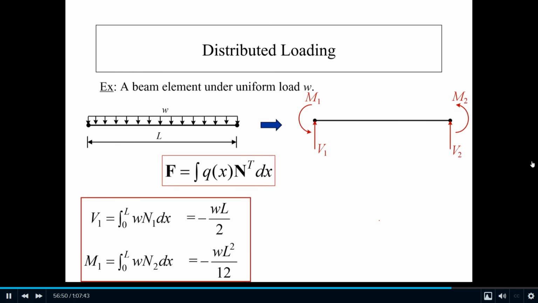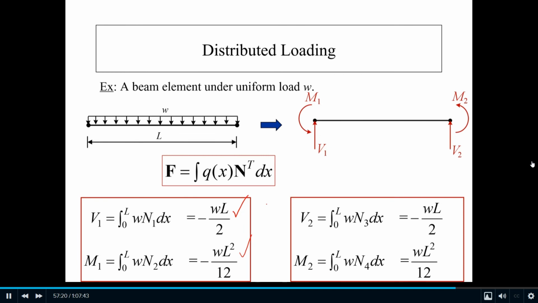Let's look at the example of uniform load, because this is easy to do. If you have a uniform load applied over the beam element of length L, the nodal forces V1 and M1 can be obtained like this, and V2, M2 also, and we obtain results like this.